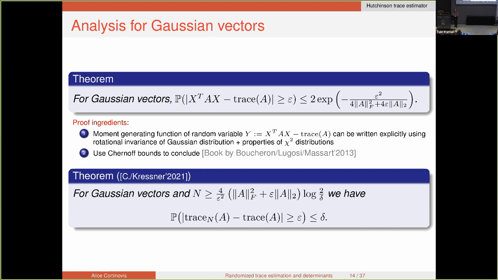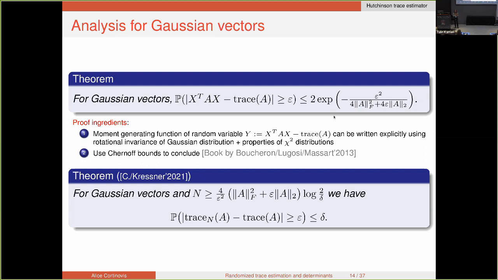basically because the main thing is that Gaussian random variables are nice in the sense that if you take an orthogonal matrix and you multiply it by a Gaussian random vector, you still obtain a Gaussian random vector. So using this plus properties of the chi-square distribution and Chernoff bounds, you get this result.